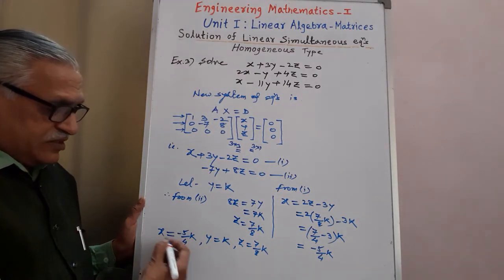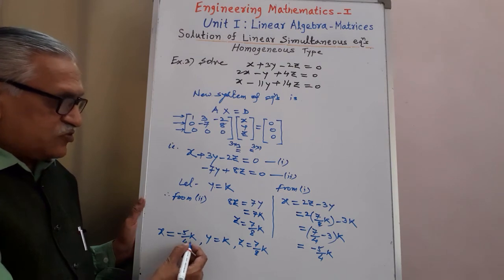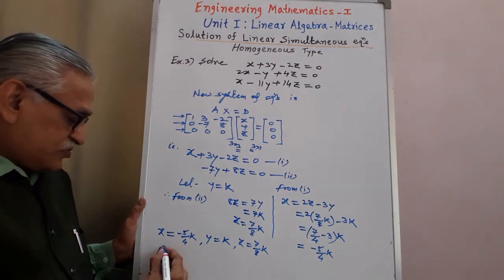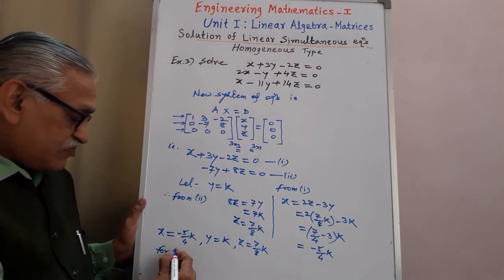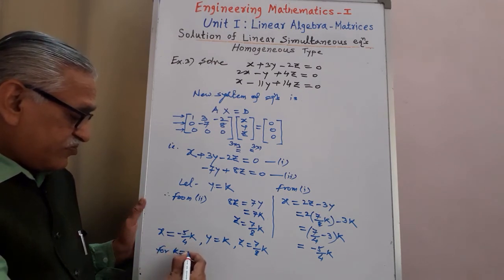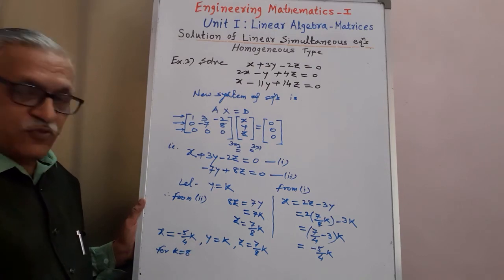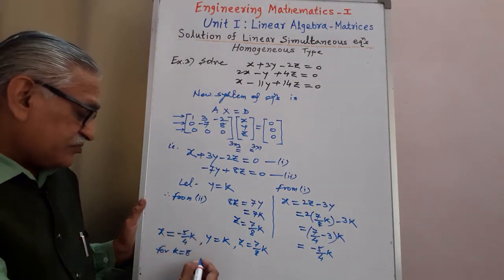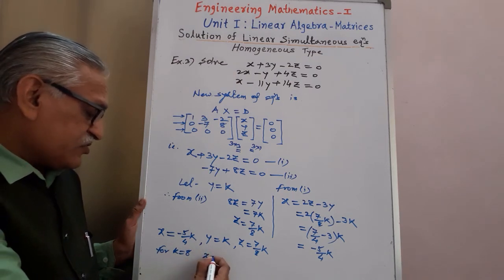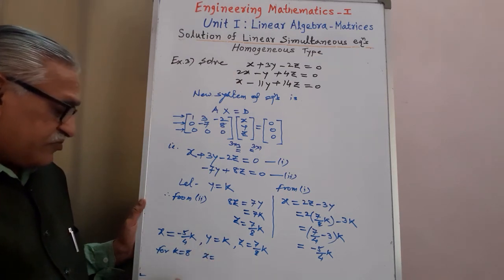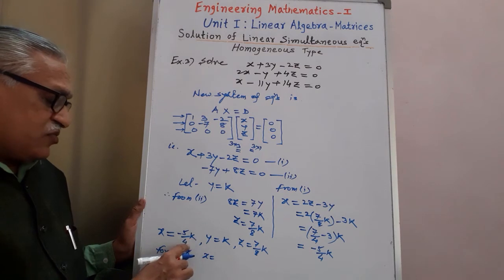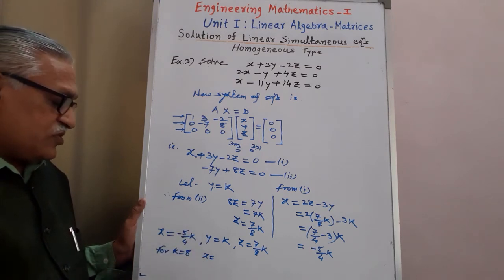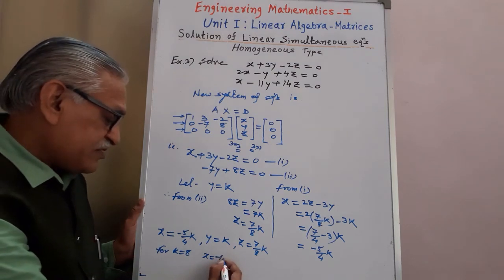And then to cross check we consider some value for k. For k is equals to, suppose, 8. What we have here, we get x is equals to minus 5 by 4 times 8, 4 twos are 8, 2 into 5, therefore that value is minus 10.